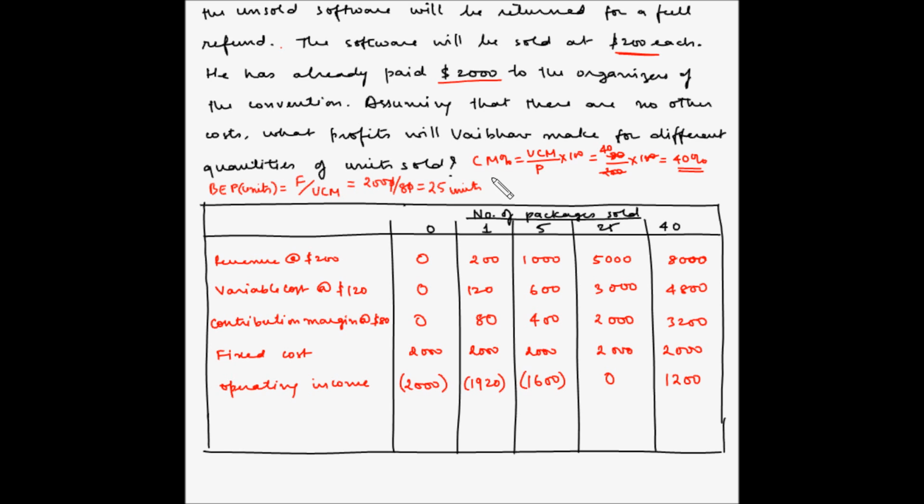Now we can also calculate the break-even point in terms of sales. So break-even point in terms of sales is fixed cost divided by the contribution margin percentage. So 2000 divided by 40%. So this is the 40% that we have used here.